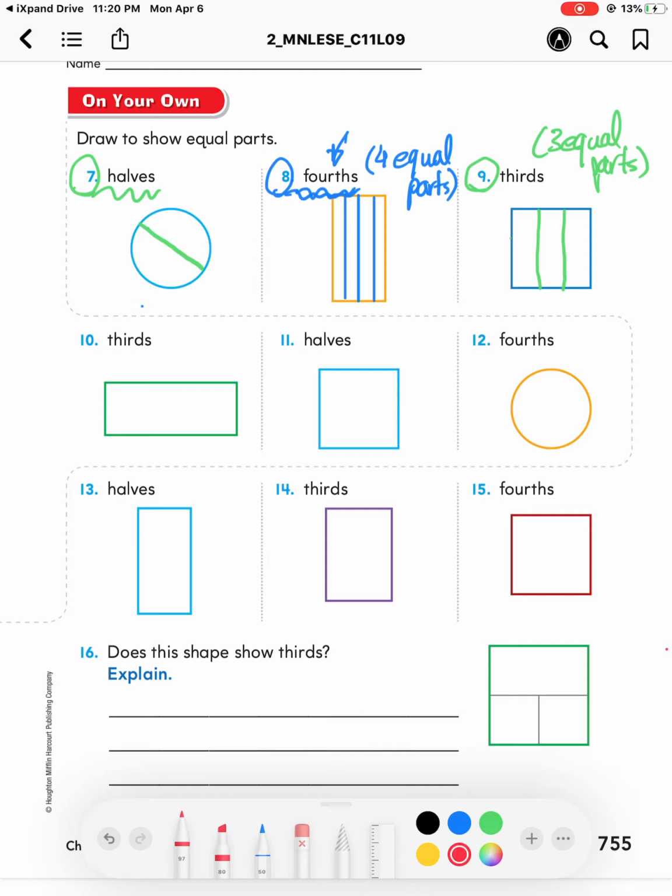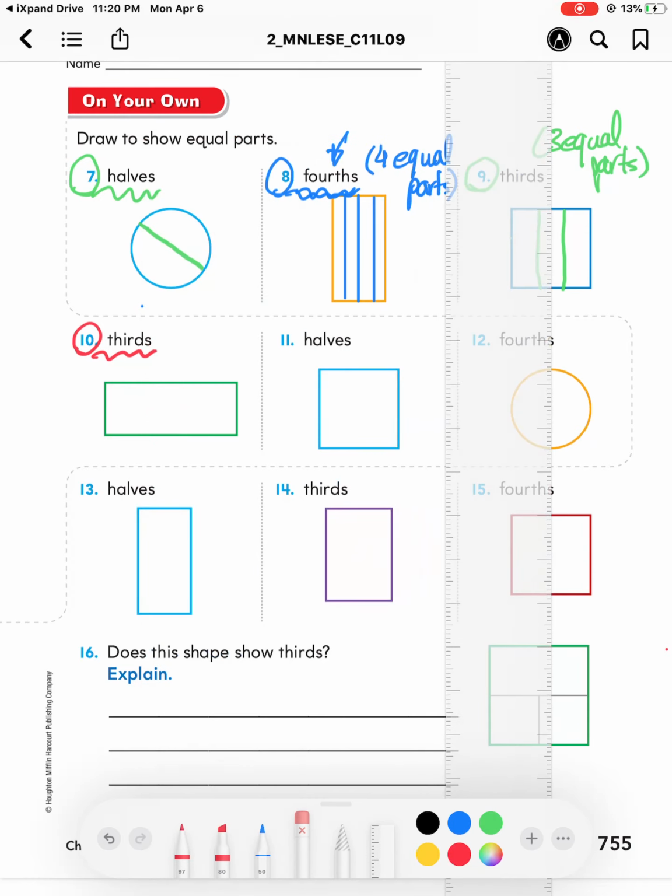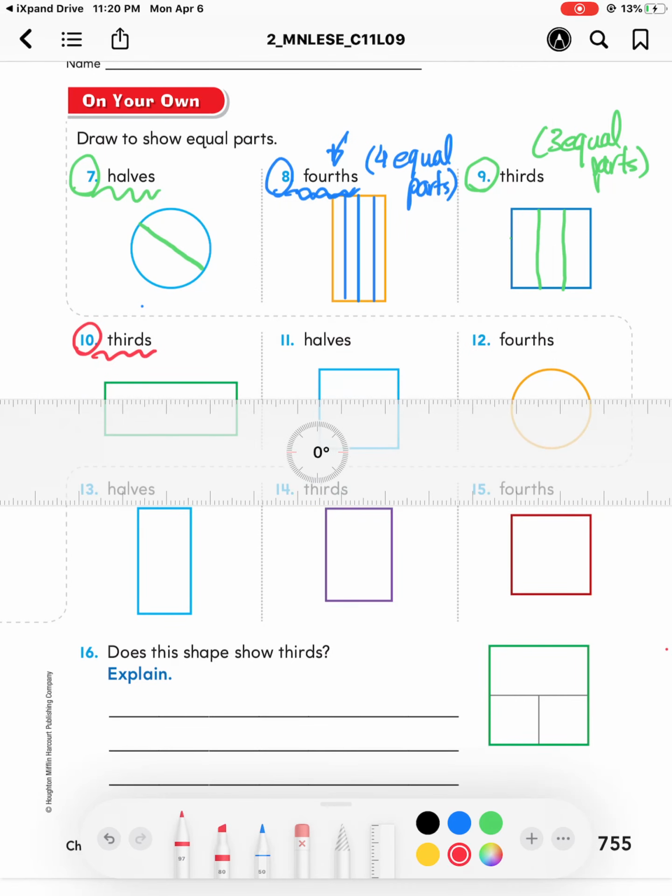Now let's move to question number 10. Thirds. And thirds here means how many equal parts? 3 equal parts. Good job. So we can divide it into 3 equal parts like this. Or someone can tell me, okay, I can do it like this.